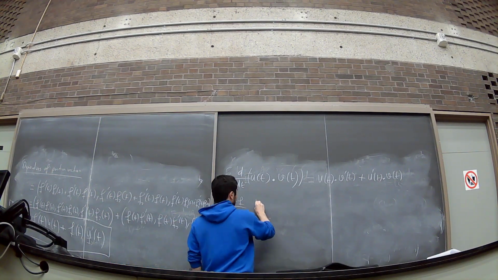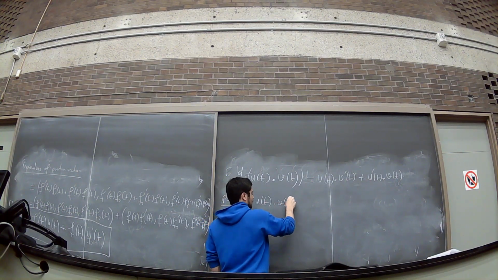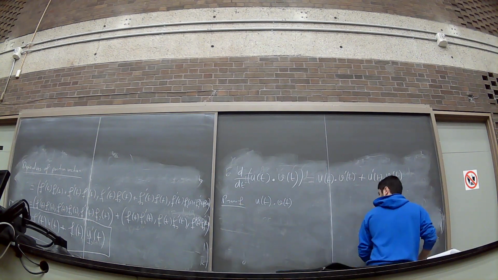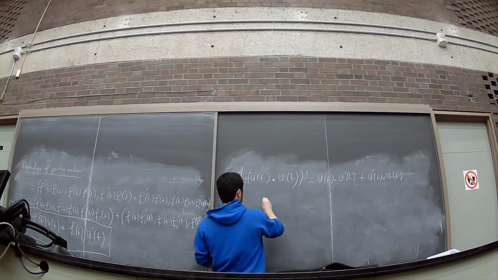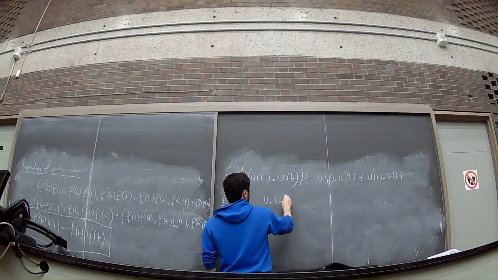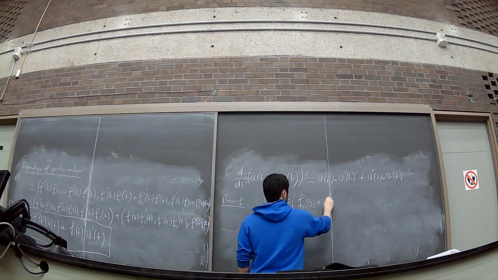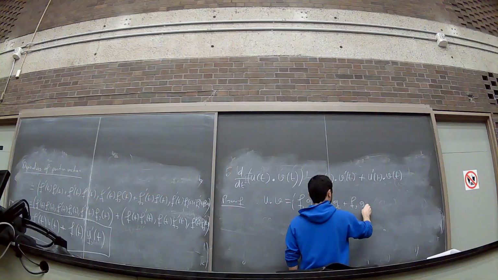What's u of t dot b of t? Let's treat them as functions, so that we make the notation a bit easier. U dot b is just f1 g1 plus f2 g2 plus f3 g3.